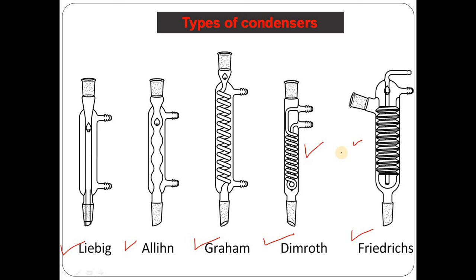These are the diagrams of condensers applied in various research laboratories to isolate various types of mixtures of liquid components. So this is about the types of condensers and types of packings. Overall, in unit operations we have studied different techniques and also different distillation techniques. Thank you all for listening to this video.